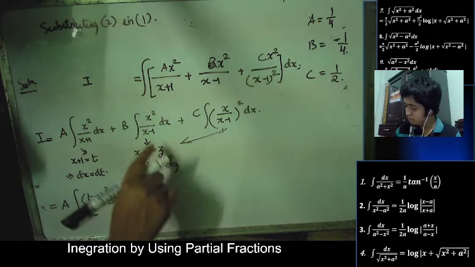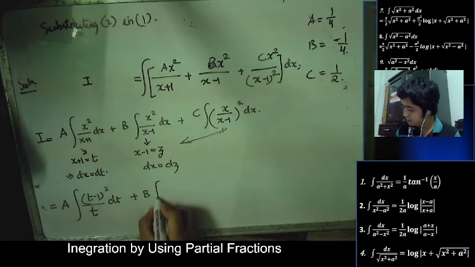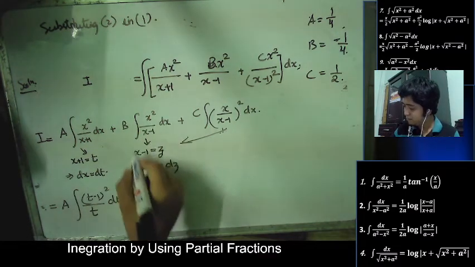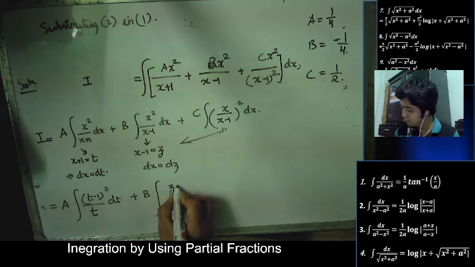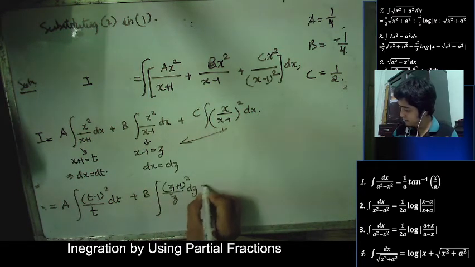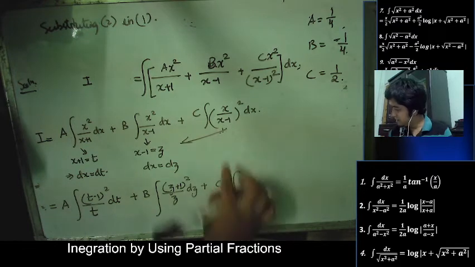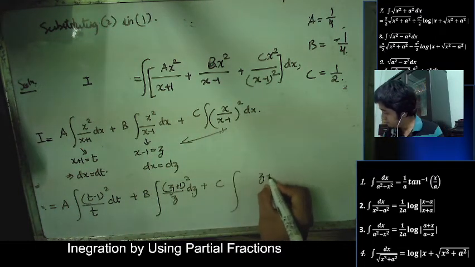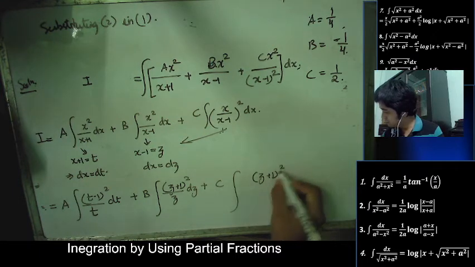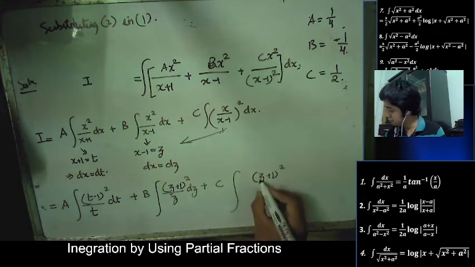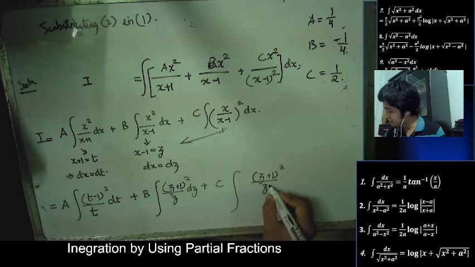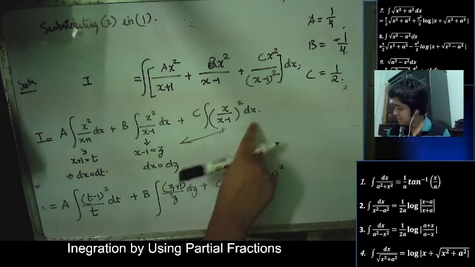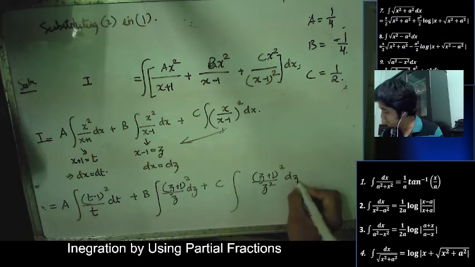x minus 1 will be z, so x will be z plus 1, and over here will be c, again x will be z plus 1 whole thing square, x minus 1 will be z square. dx has been changed to dz.